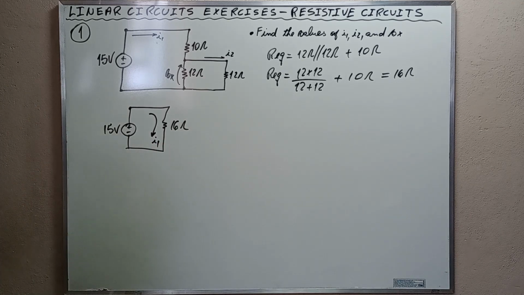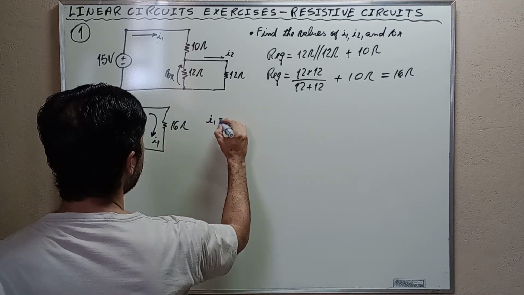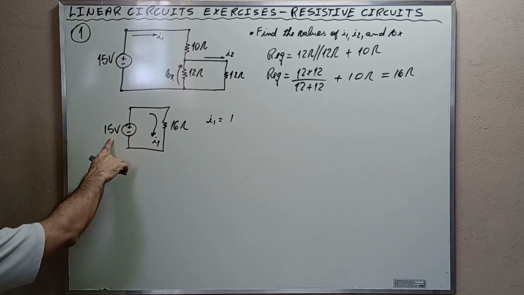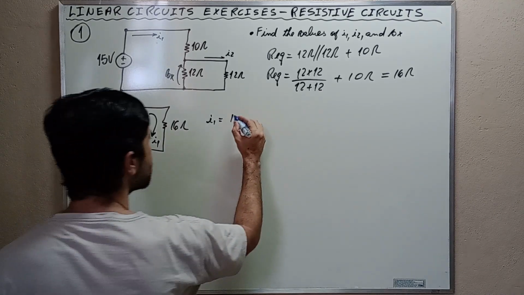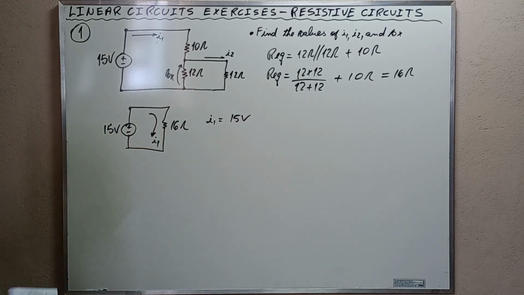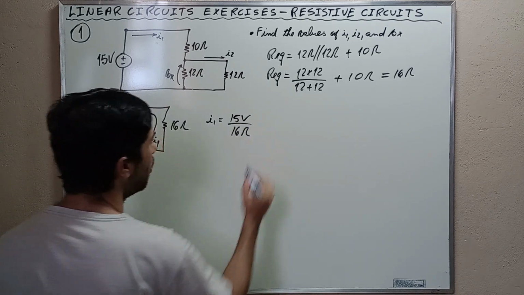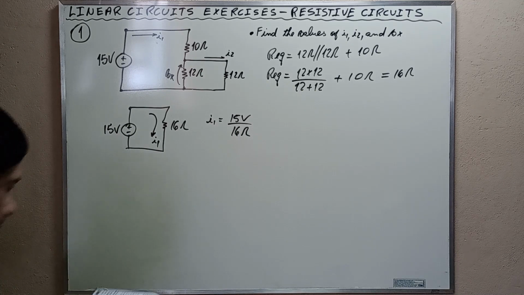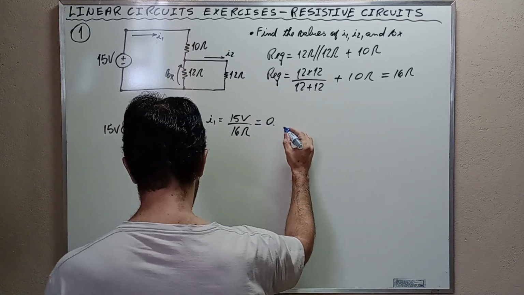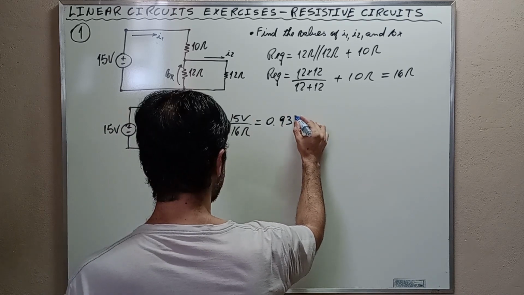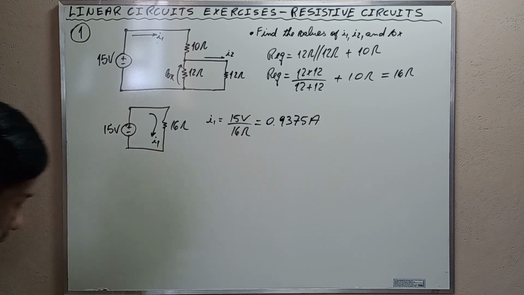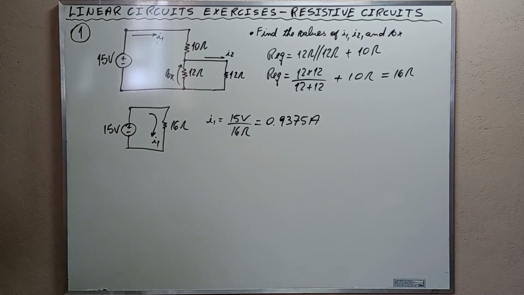This is how we calculate the current I1: I1 is equal to the voltage of the voltage source, 15 volts, divided by the resistance, 16 ohms. This is equal to 0.9375 amps.